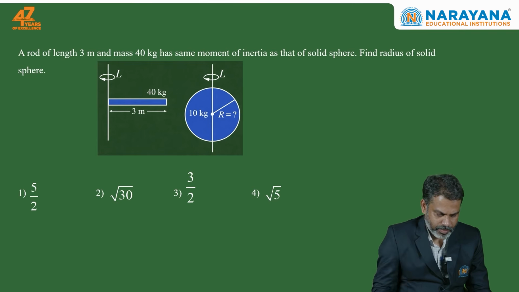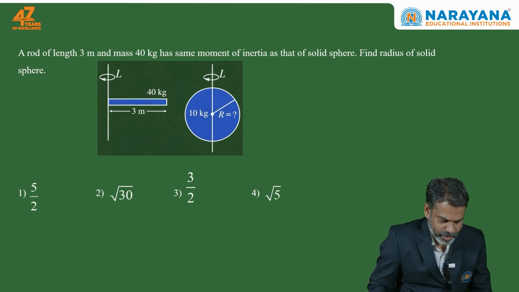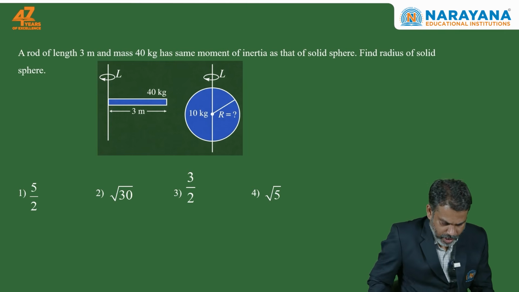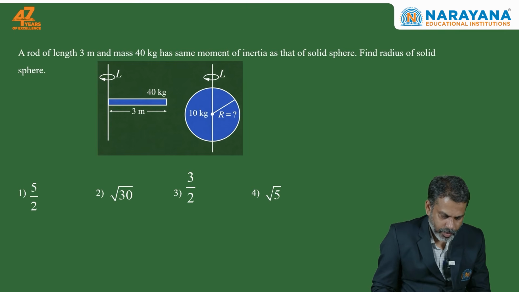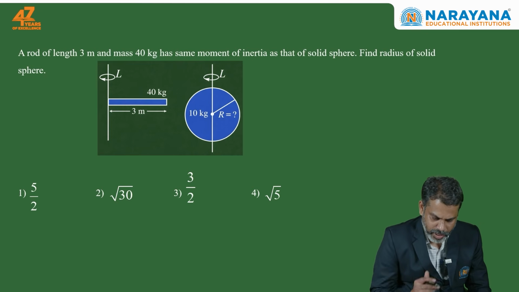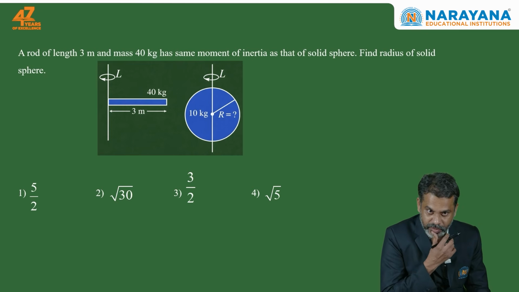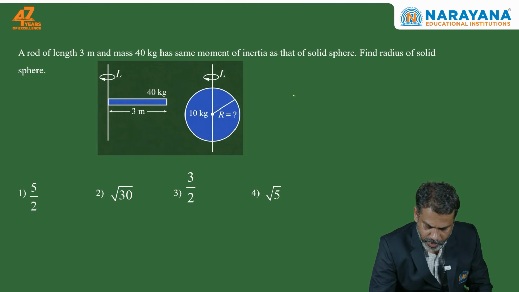Let's take the question that is placed on the screen. So, in the question, they said that a rod's moment of inertia is equal to a sphere's moment of inertia. Rod moment of inertia is ml square by 3. Sphere moment of inertia is 2 by 5 mr square.